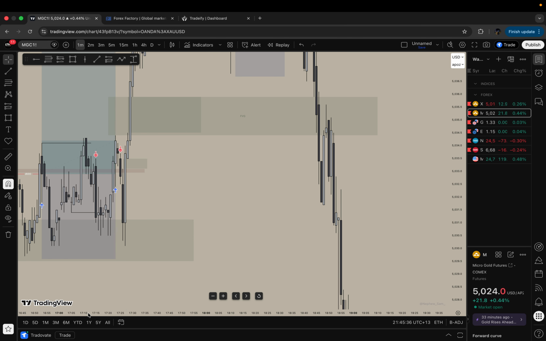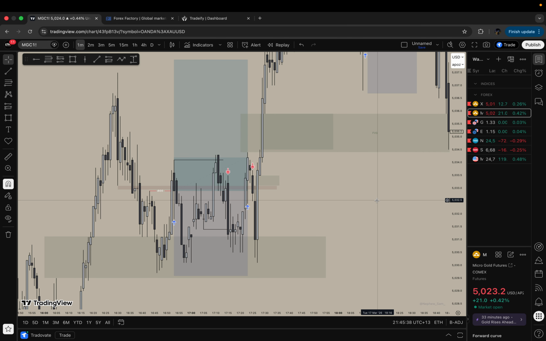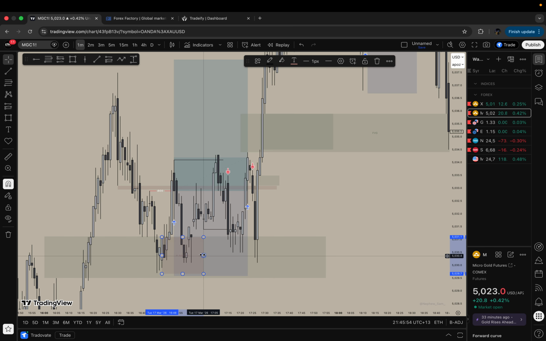I was pretty much just looking for any signs of pullback, but I do admit now that I see that, I'm not angry or anything like that, that we displaced up, but we didn't leave any PD arrays to actually react from. The only thing we had was this kind of area.